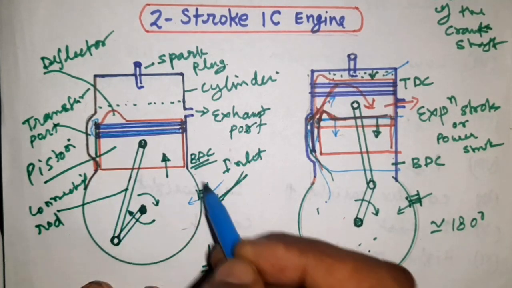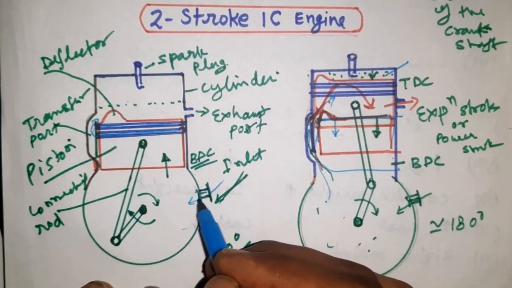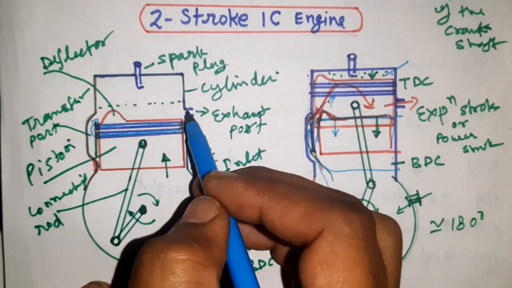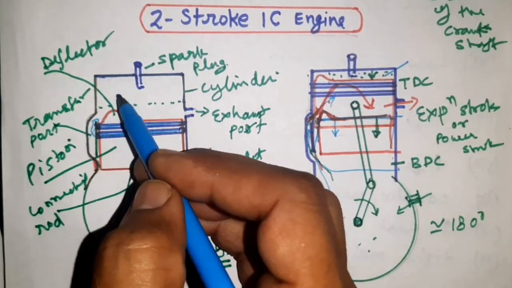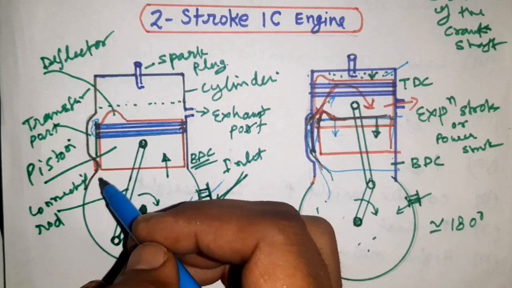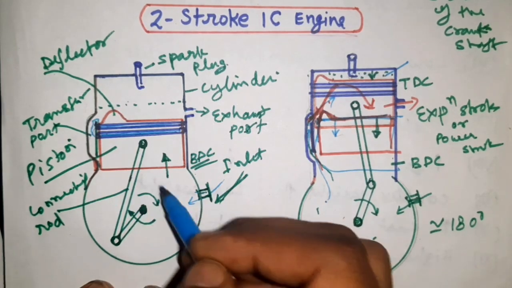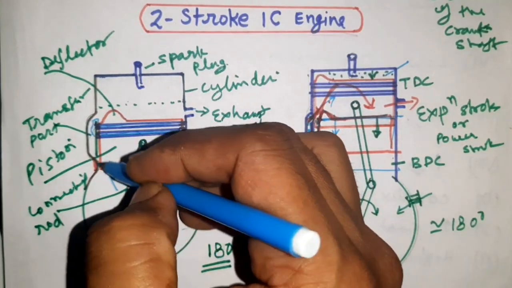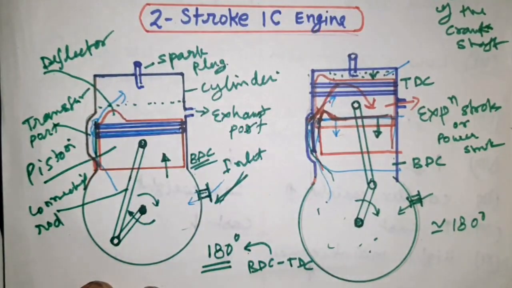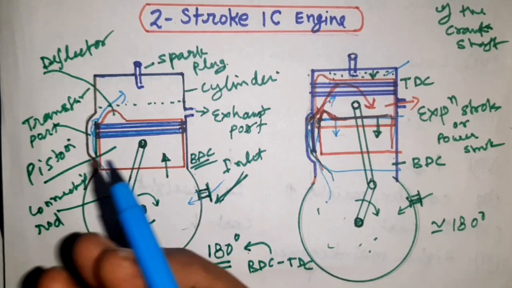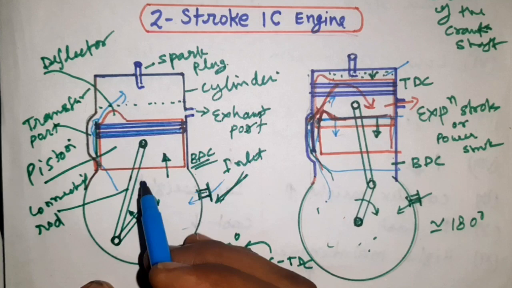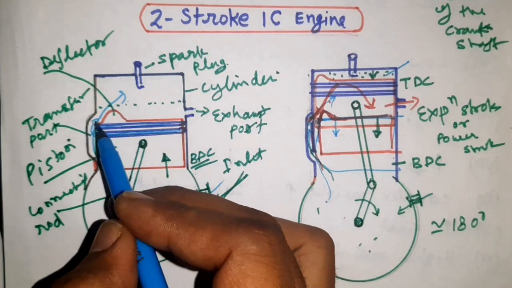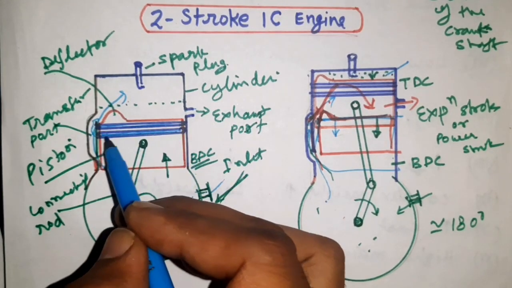This is the air fuel inlet, this is the exhaust port, and this is the transfer port. Through the transfer port, the air fuel mixture compressed in the bottom location is transferred to the combustion chamber.